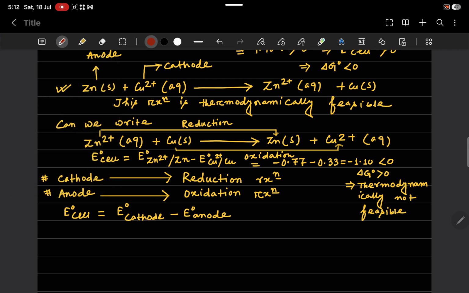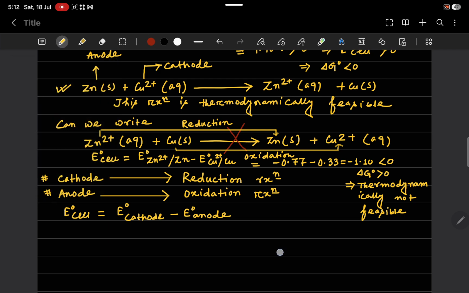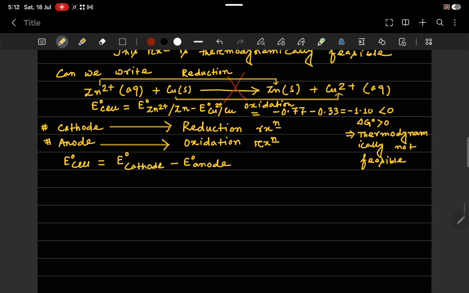So this reaction is not thermodynamically feasible. So we have written this reaction wrong. I have proved why we should say that the higher the reduction potential, the stronger the oxidizing agent, stronger oxidant. I think up to this it is clear.